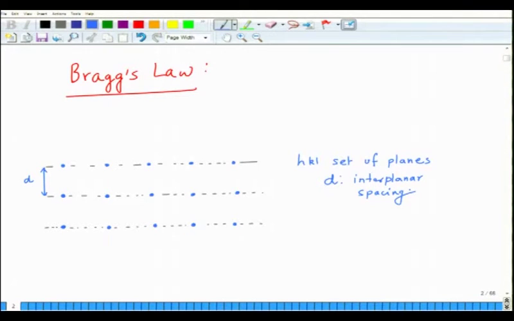So, what you have here is an X-ray beam that comes from a certain direction. Let us put it in green. Let me first draw the normal to this. Okay.